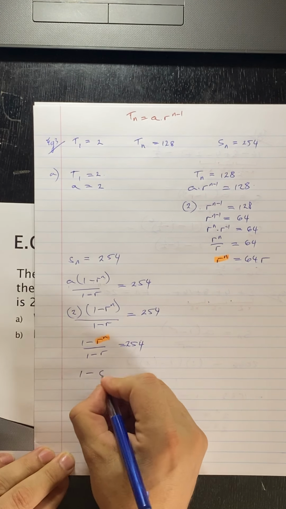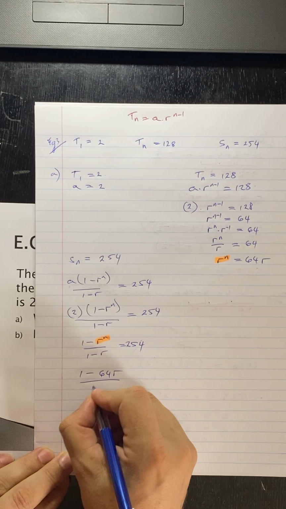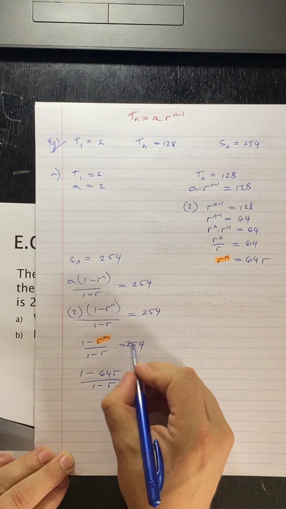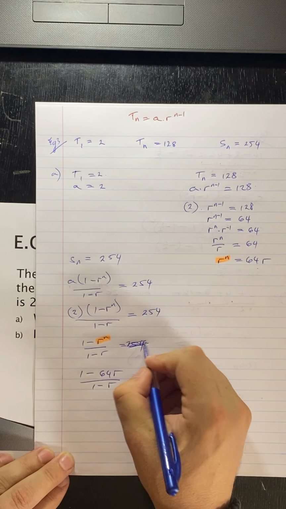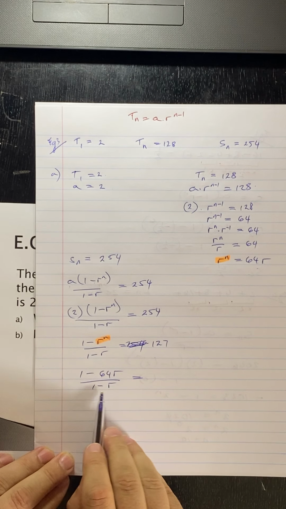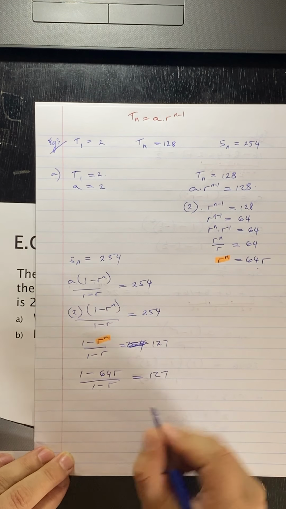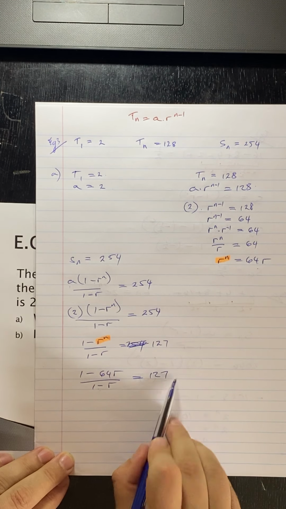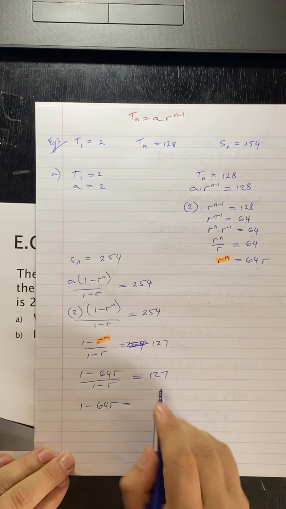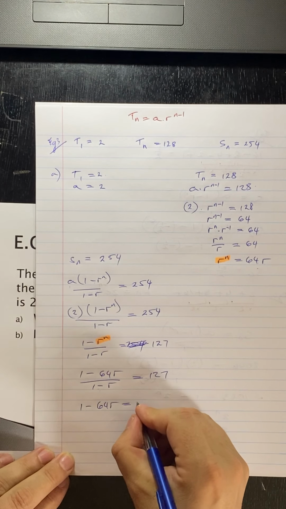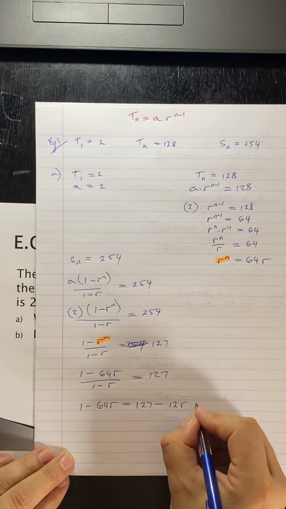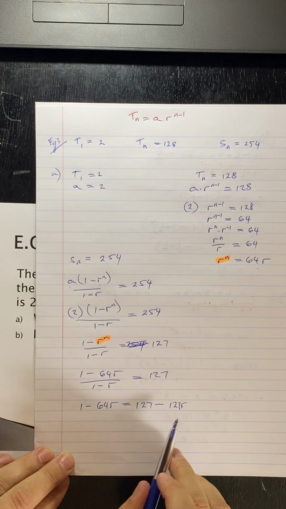So over here, I replace that r^n with 64r. So we get (1 - 64r) over 1 - r equals, sorry, this is not 254, this is 127, because I divided by 2. Right, 127. I multiply up by 1 - r, so we get 1 - 64r is equal to 127 minus 127r.